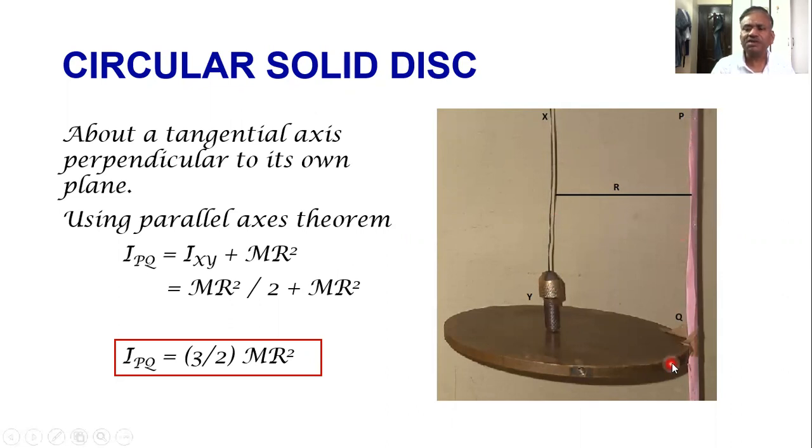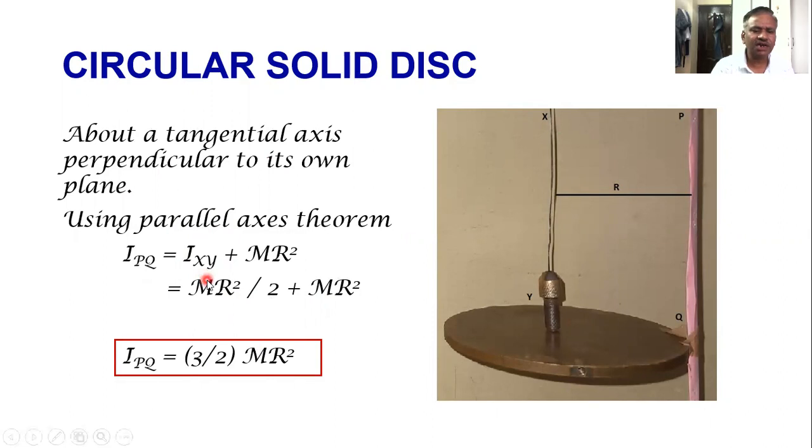PQ is tangent and also perpendicular, a tangential axis perpendicular to its plane. Which theorem do you have to apply here? Parallel axis theorem. Then I of PQ equals M_r square by 2, because I just discussed in the previous case, plus M_r square, equal to 3 by 2 M_r square.